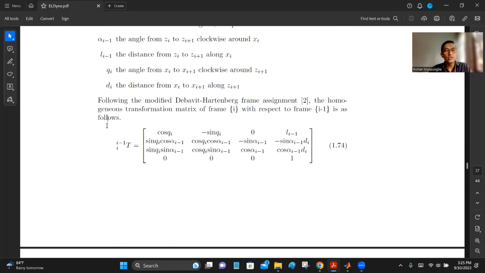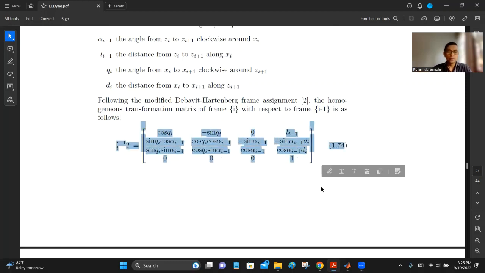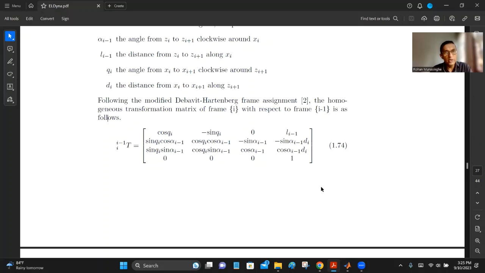And I want to show you this one, the homogeneous transformation matrix. When you use the modified DH table, this is the homogeneous transformation matrix between frame i minus 1 and i.